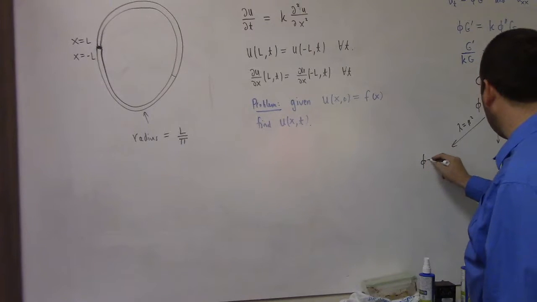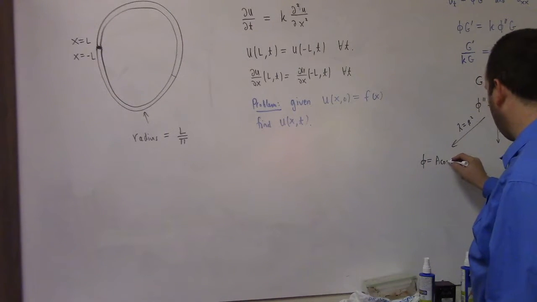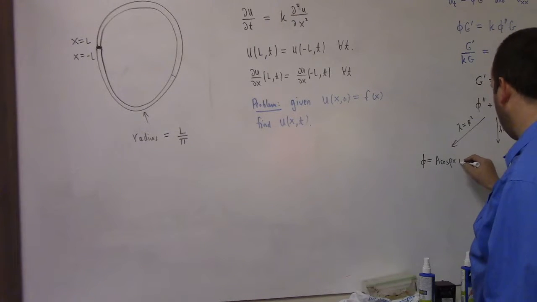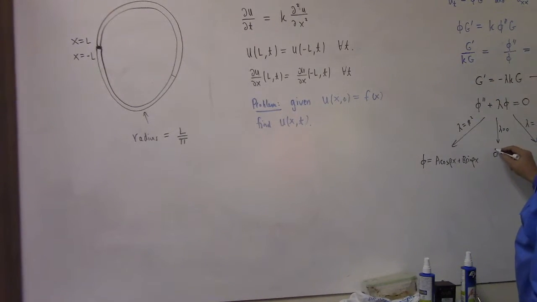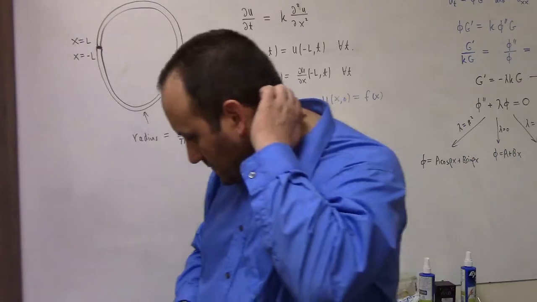So that gives me phi equals a cosine beta x plus b sine beta x. This gives me phi equals a plus bx. This gives me phi equals a cosh x plus b sinh x. These are the three worlds in which we can live depending on the choice of the characteristic value.